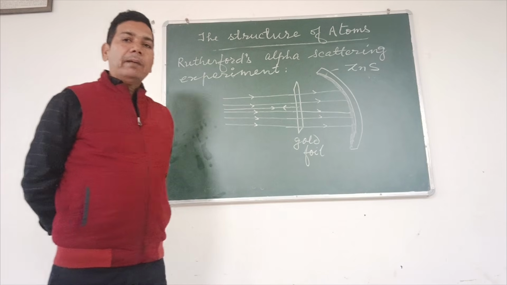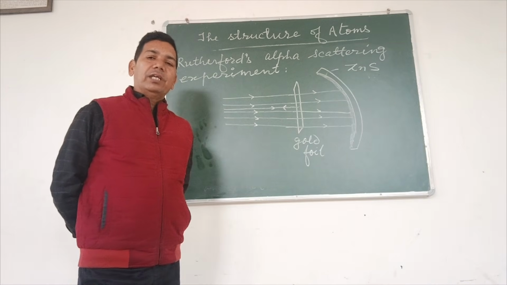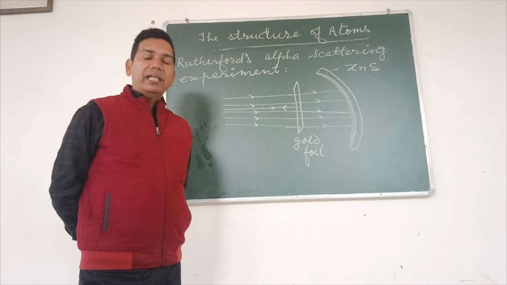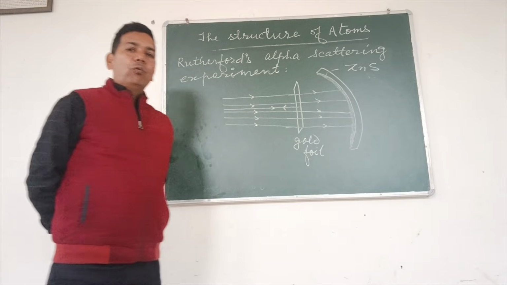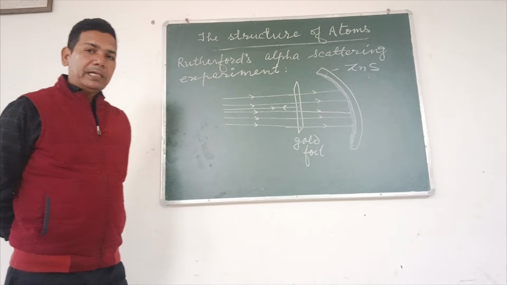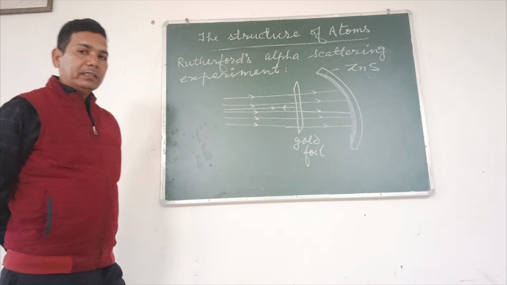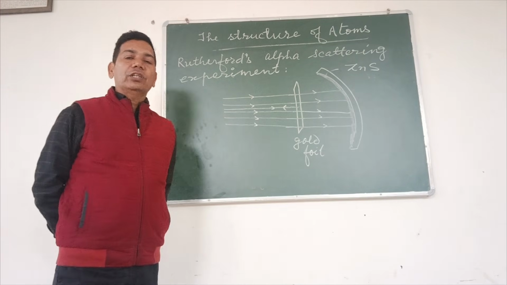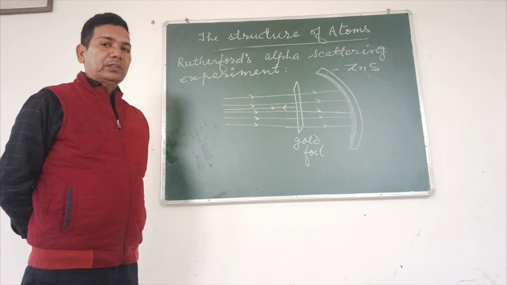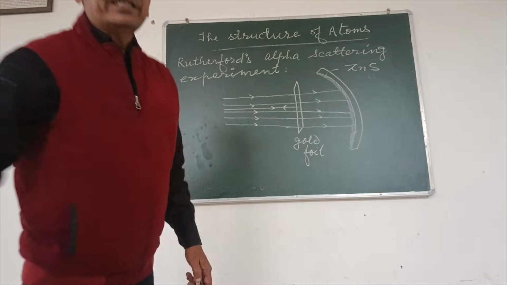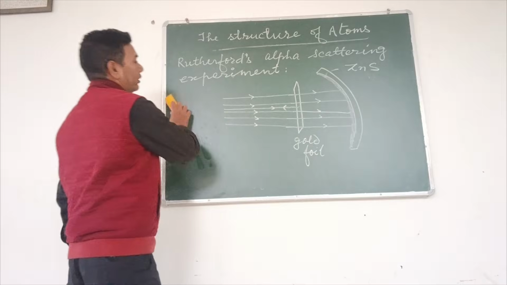A few alpha particles got deviated when they went near the foil. One of 12,000 alpha particles receded the path, it means returned on the same path. So this was the observation that Rutherford found.